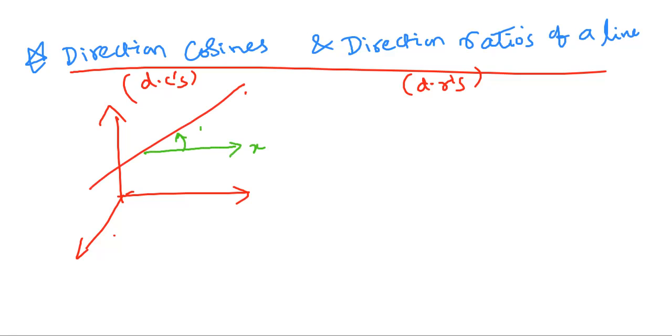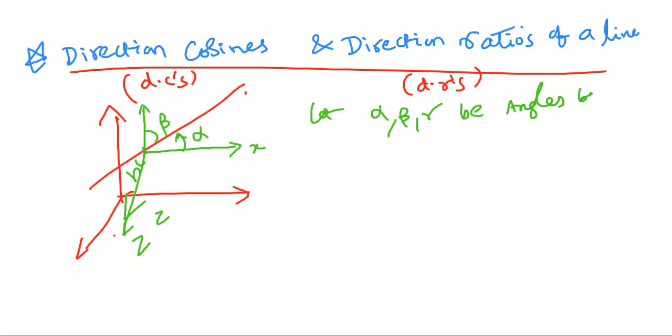Suppose this line makes an angle alpha with the x-axis, beta with the y-axis, and gamma with the z-axis. You have to visualize gamma with the z-axis: the z-axis is coming out of the plane, and that line is making an angle gamma with the z-axis. Let alpha, beta, gamma be the angles made by any line in 3D space.